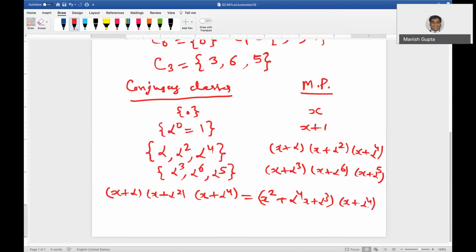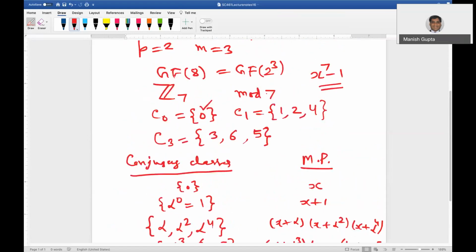Now we have to keep in mind that for constructing the field with 8 elements, suppose we take the polynomial x^3 + x + 1 equal to 0. So we have alpha^3 + alpha + 1 equal to 0, and also alpha^7 is equal to 1.